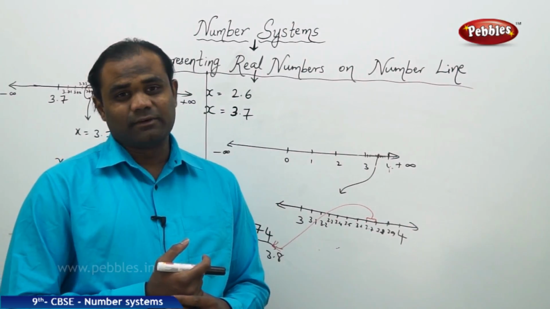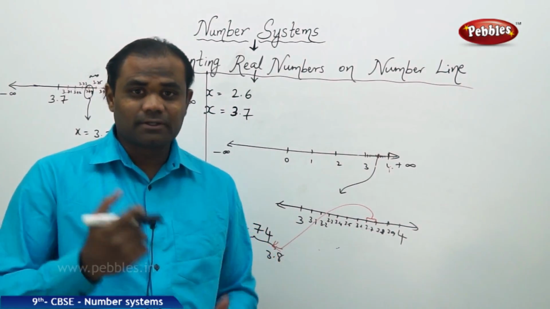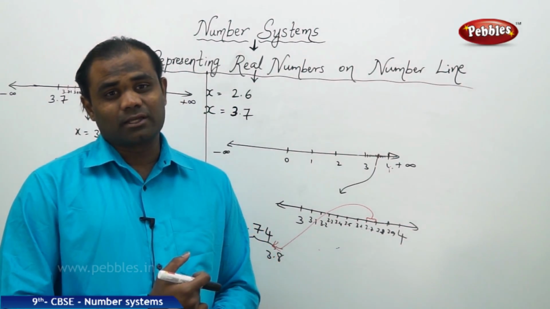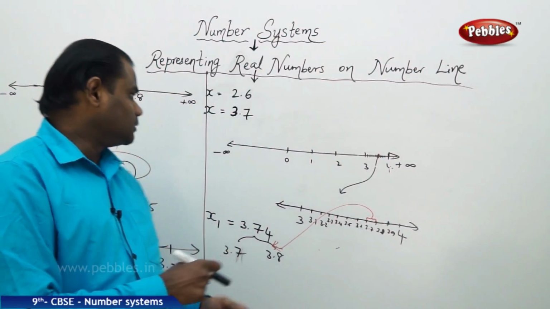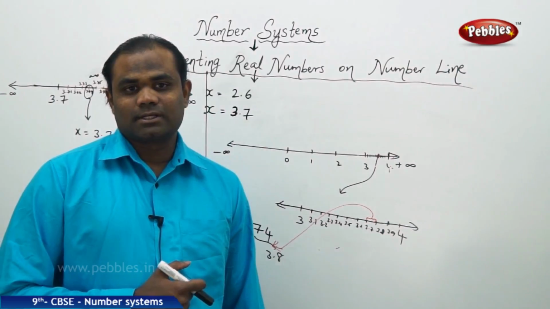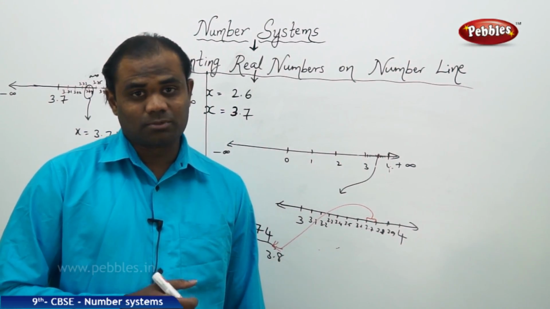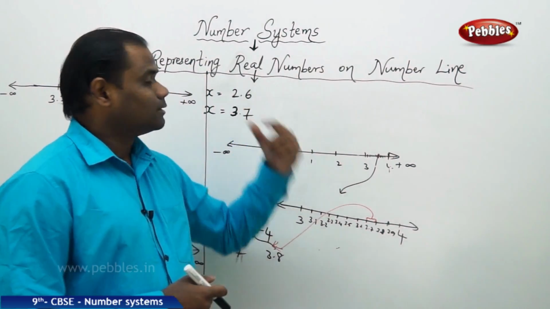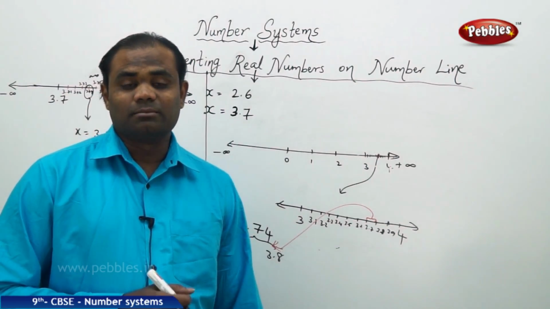This is how, through successive magnifications, I can visualize and locate the given decimal values on the real number line. Successive magnification is possible for identifying the real numbers on the number line.